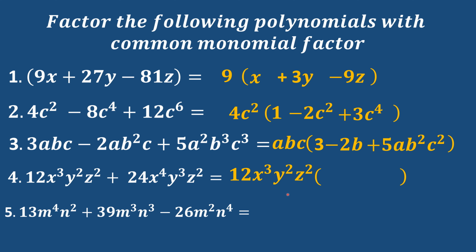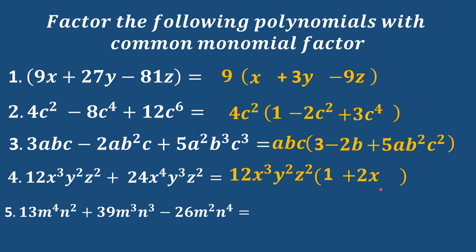So what is its other set? This given 12x cubed y squared z squared is exactly the same as our common monomial factor, so it will give us a 1. While 24x to the 4 y cubed z squared divided by 12x cubed y squared z squared will give us positive 2x.